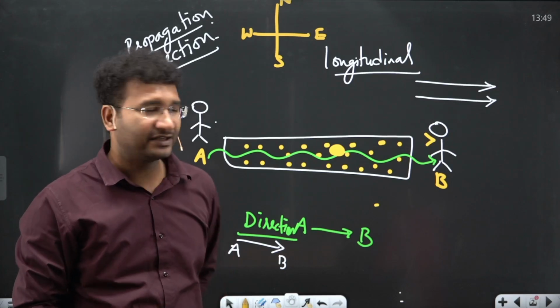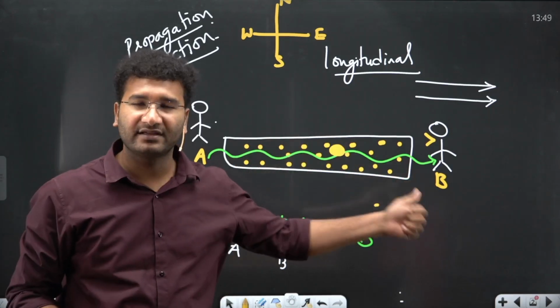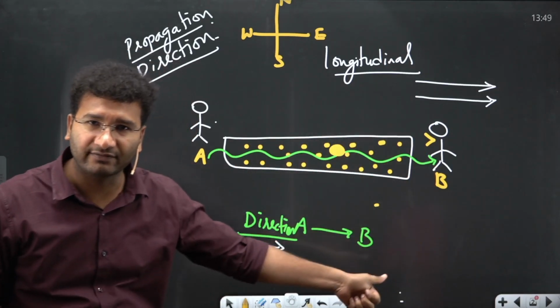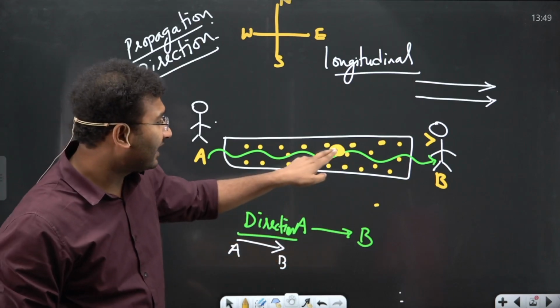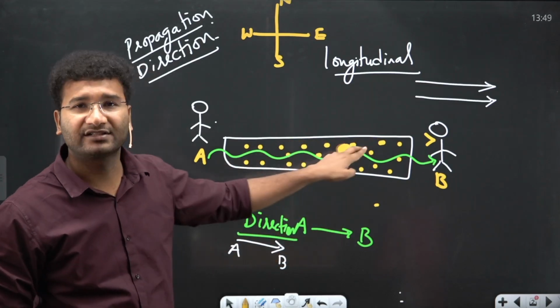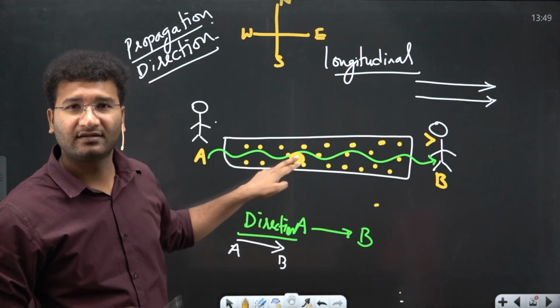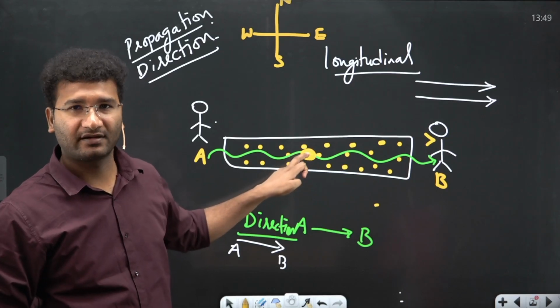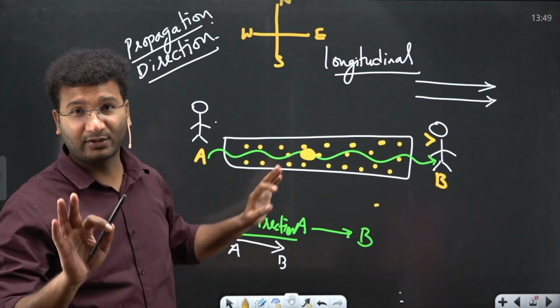If A to B is the direction of the wave, and the particle propagation is in the same direction, this is called parallel propagation. Are you clear with this?